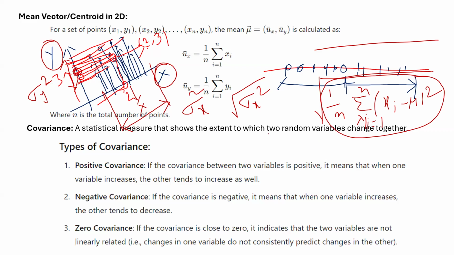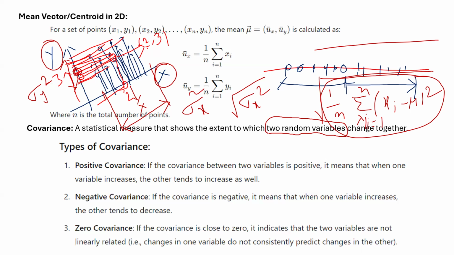So two random variables. What is a random variable? When an event or experiment happens, the variable we select based on the outcome is called a random variable.